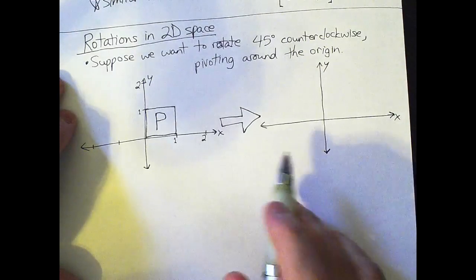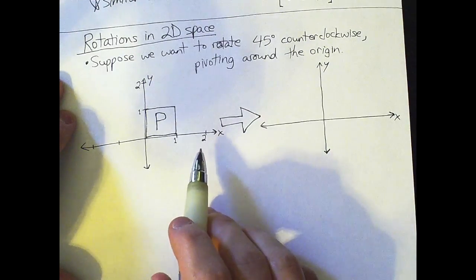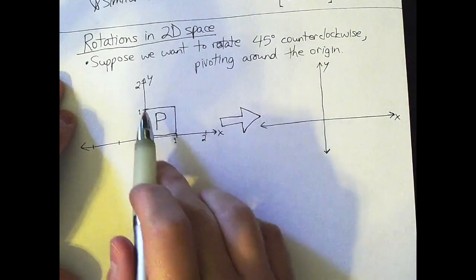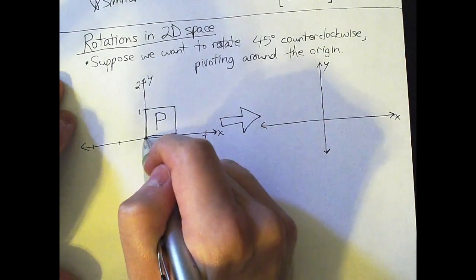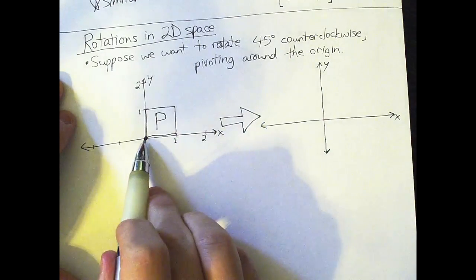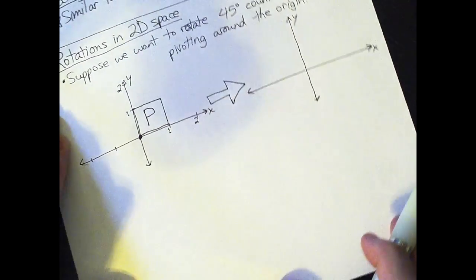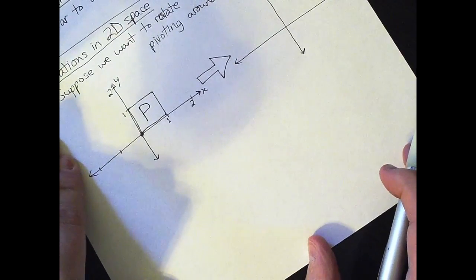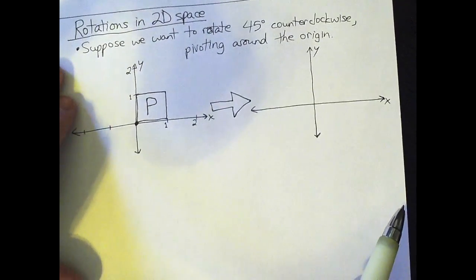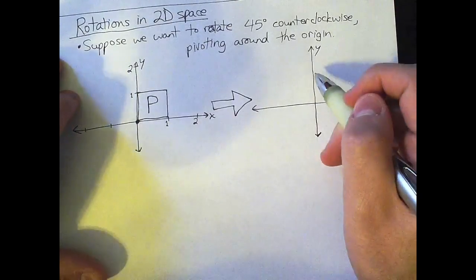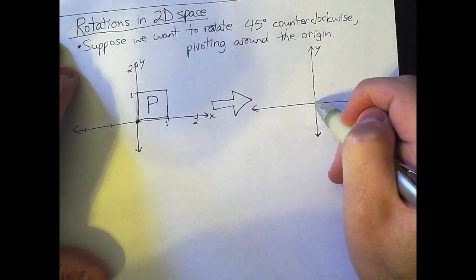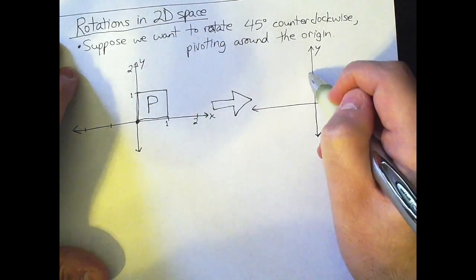This is our example. What we want to do, if I want to rotate this 45 degrees counterclockwise, and I'm using the origin to pivot around, I could actually just rotate my paper, right? Rotate my paper 45 degrees. That's what we're trying to do. But let's draw this on the XY plane, and all right, here's one.